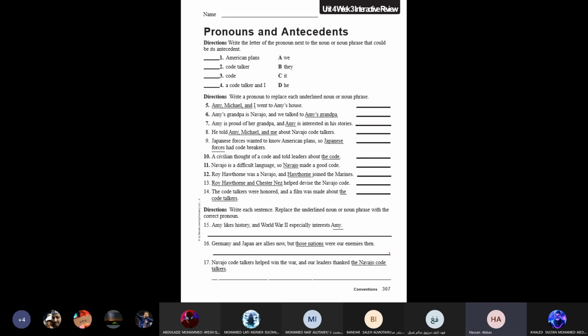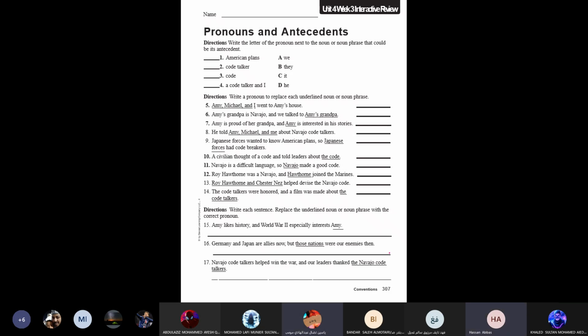The next question. Yasin Nadal, read the next question. Write each sentence. Replace the underlined noun or noun phrase with a pronoun.